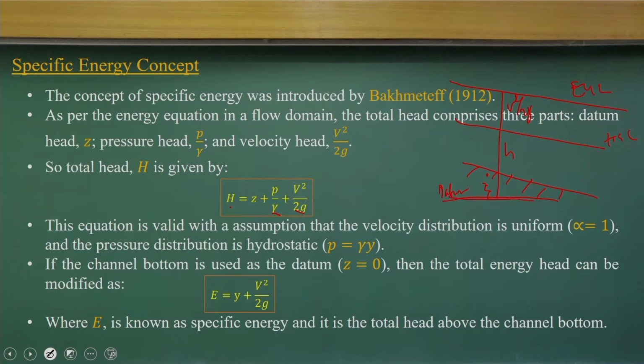From this datum, the potential energy per unit weight, that is the Z value. This is because of the pressure difference, the energy because of the pressure, and this is the kinetic energy. That's V squared by 2g.